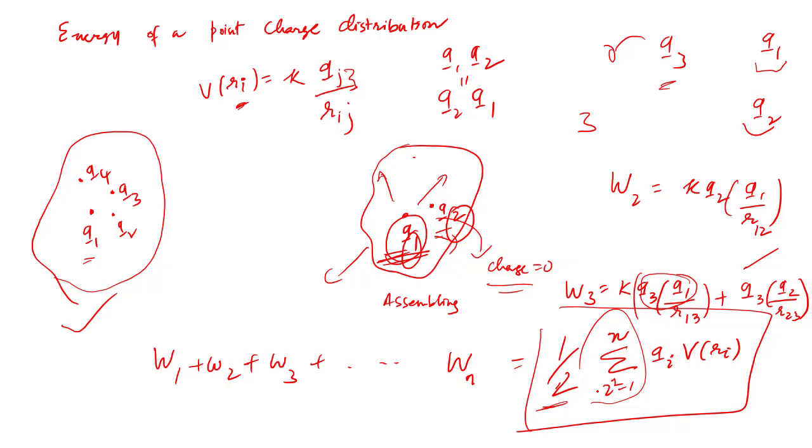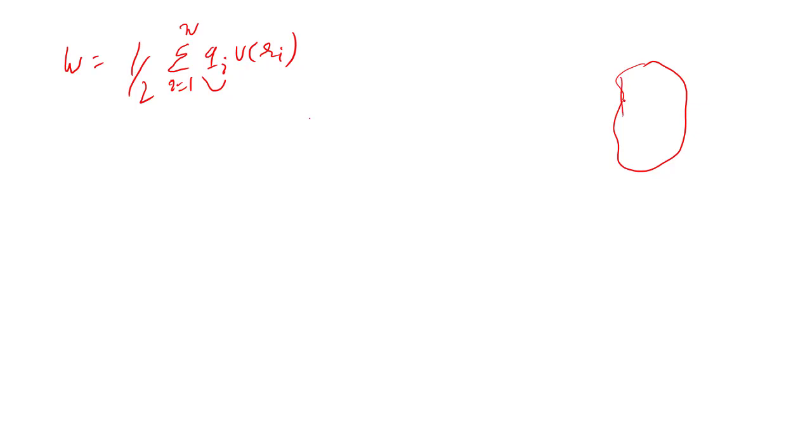So from here, we saw that we can generalize this by making point charges infinitesimally small. We can rewrite this half of Qi V of ri, where i goes from 1 to n, by making the point charges very tiny. Suppose you take a continuous charge distribution. You can achieve this by dissecting the charge distribution into tiny cells, and each cell you can consider to be a point charge.